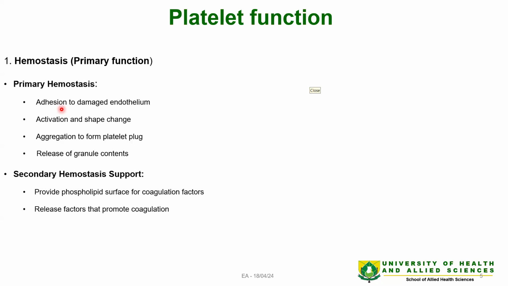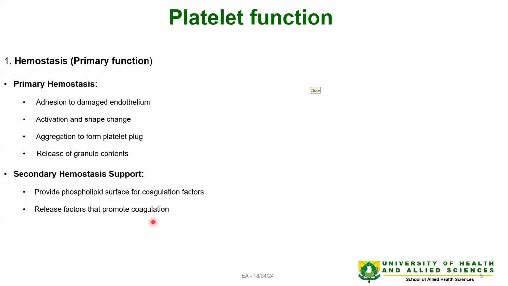The second function of platelets is that their surfaces act as a substrate on which the various coagulation factors act. When they release the contents of their granules, various factors which support clotting are released. The end of all the coagulation reaction is the formation of fibrin.